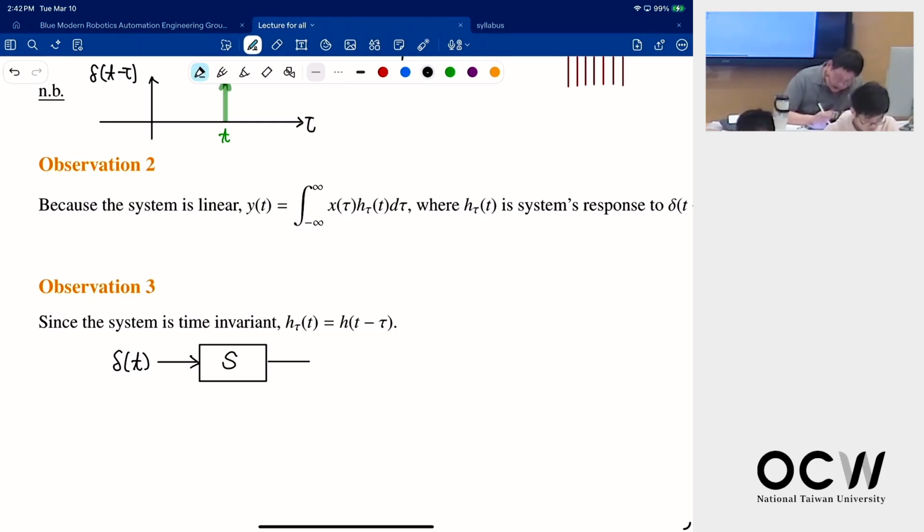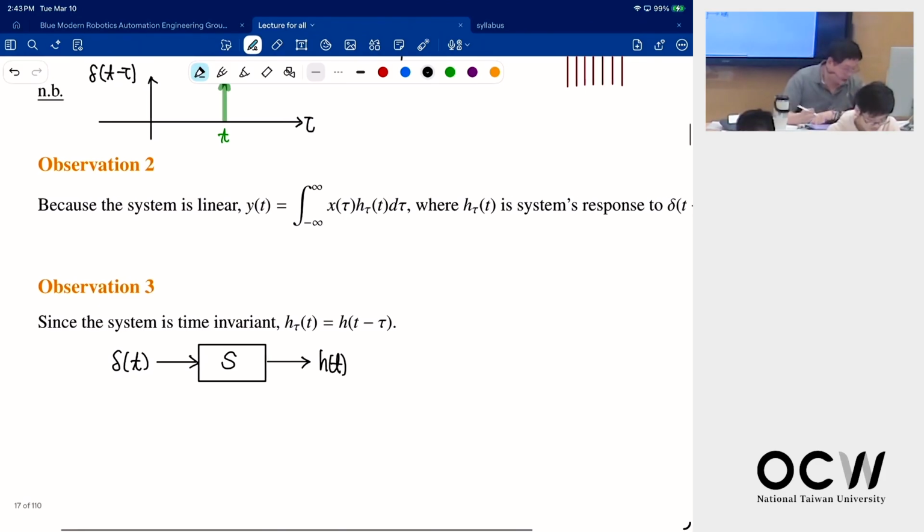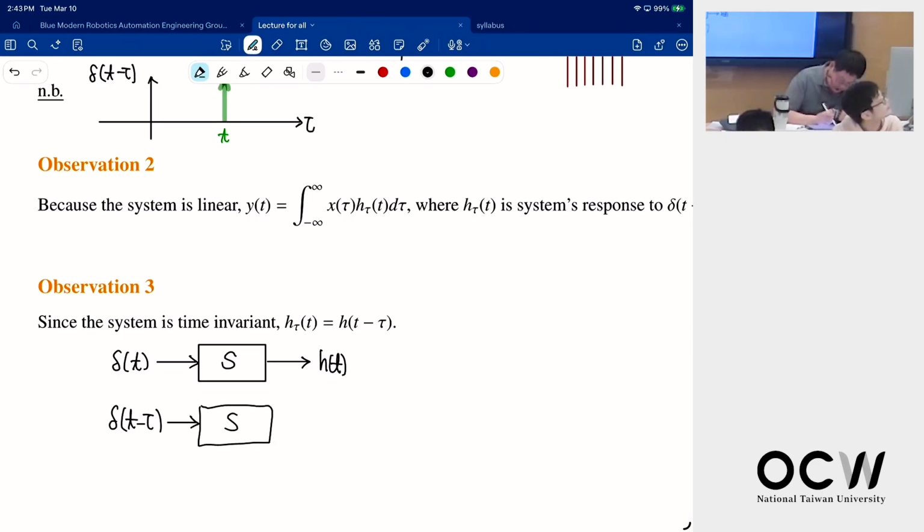And then suppose the output is system response h. If I shift by tau, then the output is also shifted by tau. So here I shift by tau, and I write it down, the t minus tau as h tau of t.